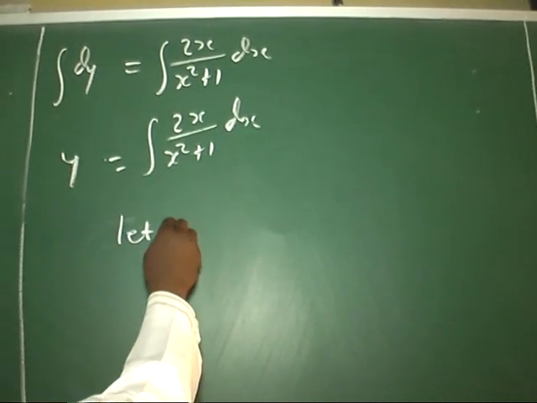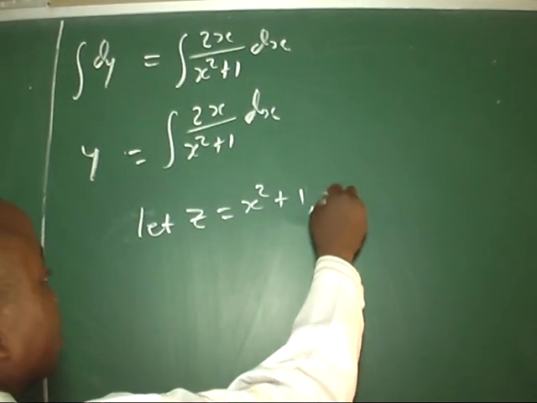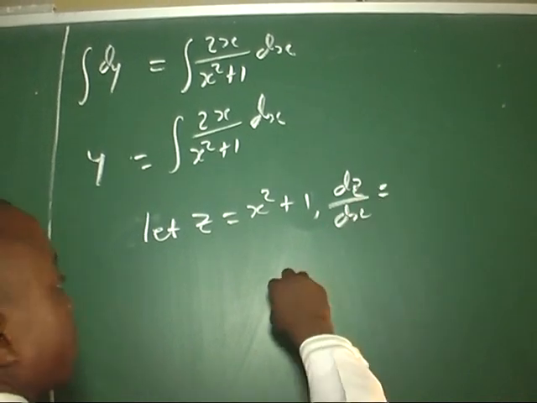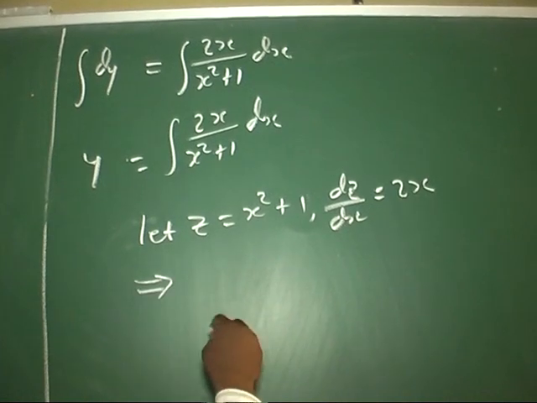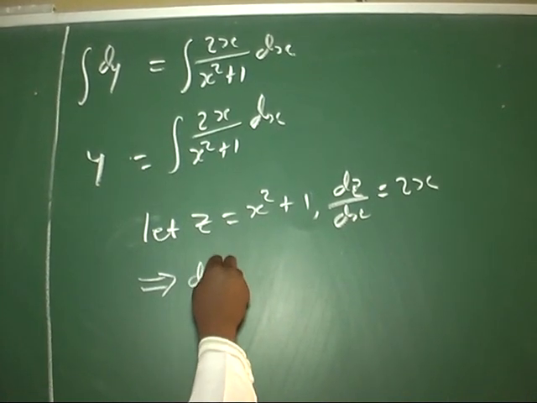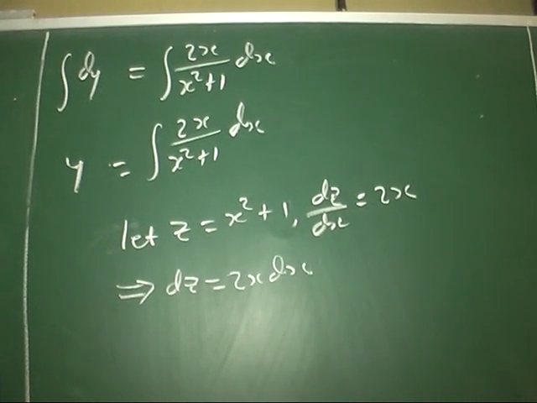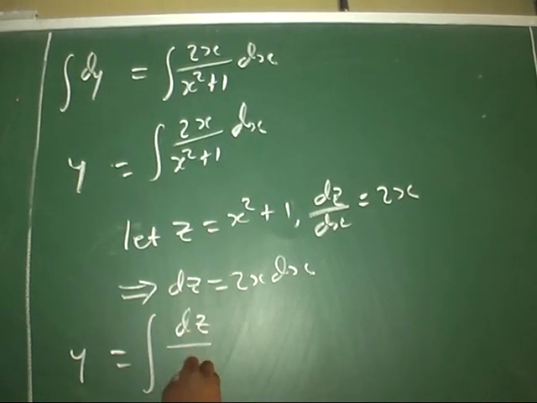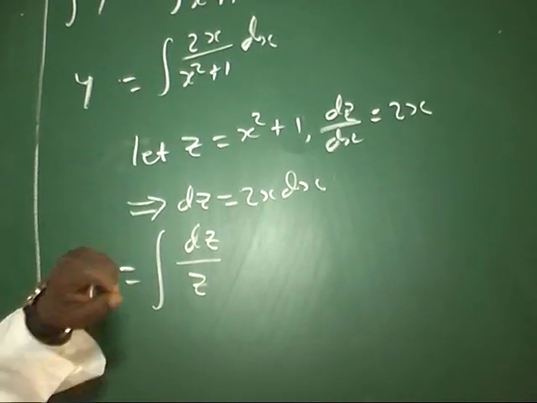Let z is equal to x squared plus 1. You see that dz over dx will be equal to 2x, which implies that dz will be equal to 2x dx. So now we have that y is equal to integral dz all over z, because z is x squared plus 1.